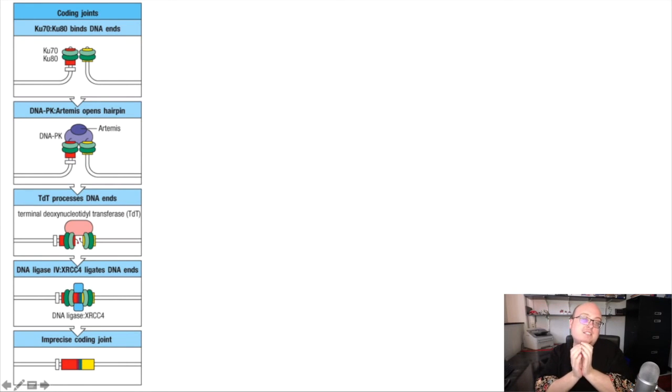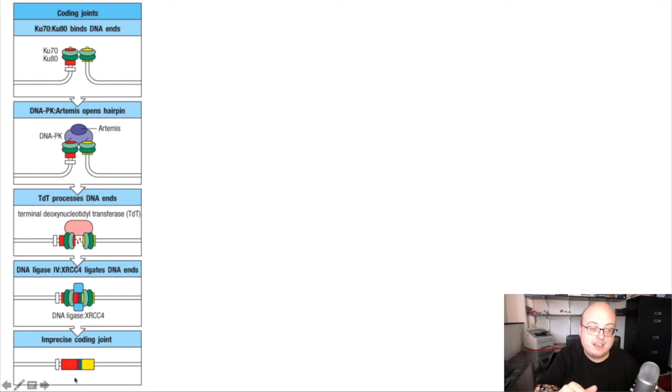That would be a precise joint, because the V would end and the J would start, but they would look identical to the way they started. Because we've added some modifications to the junction between the two, now we have what we call an imprecise coding joint. They're both there, but some slight modifications have been made.